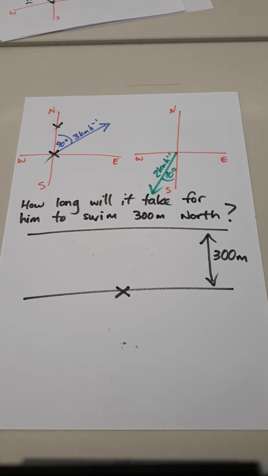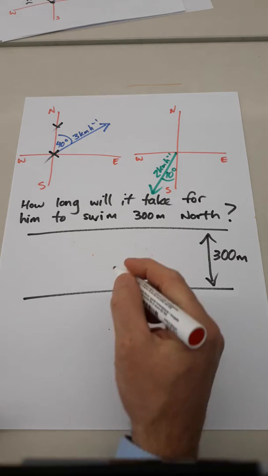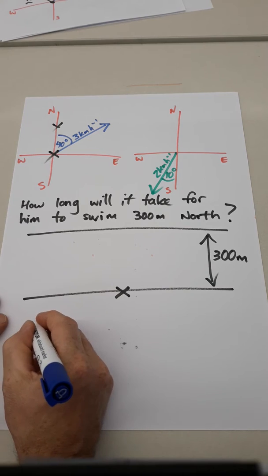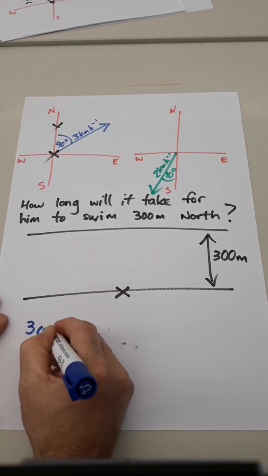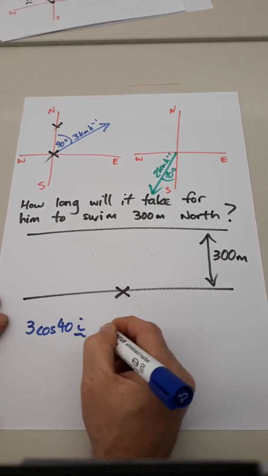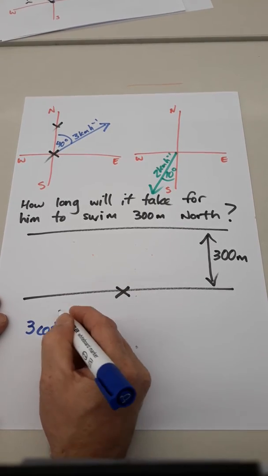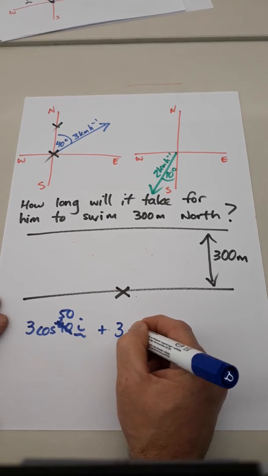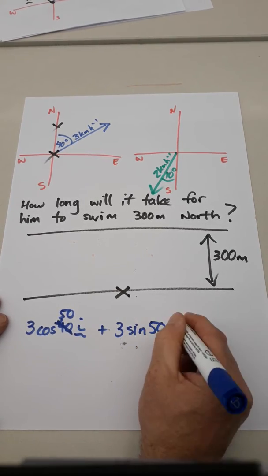So we need to work out the two vectors that we've got, and we need to add them together and get a resultant vector. So first of all, I'm going to write them in component form. So his swimming vector in component form would be 3 cos 50i plus 3 sine 50j.